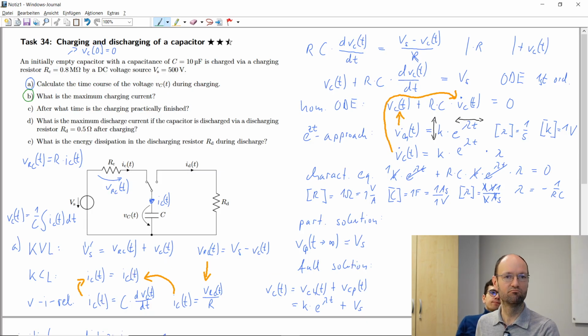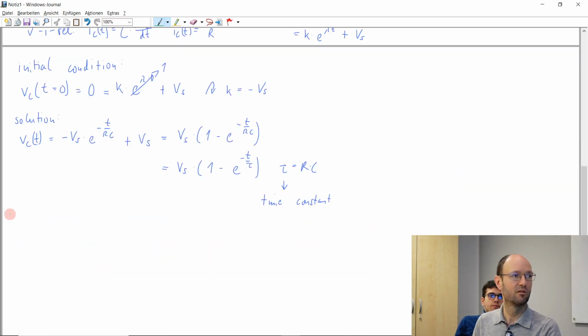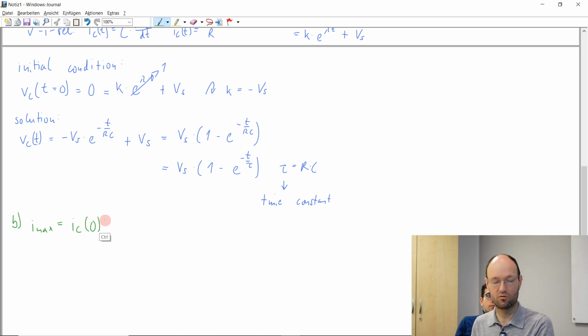So we can say our B, the maximum charging current, is the current inside this loop at the time equals 0. And so then the question is how we can calculate this current.